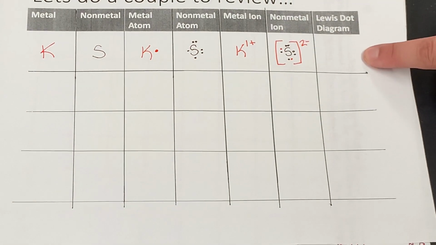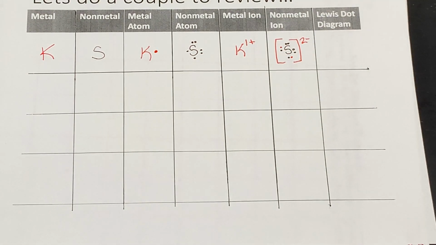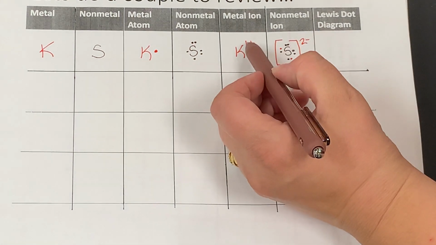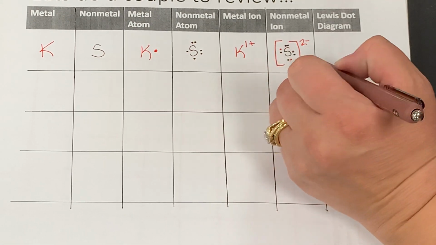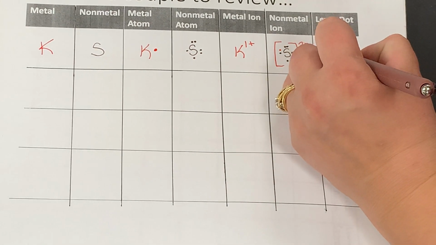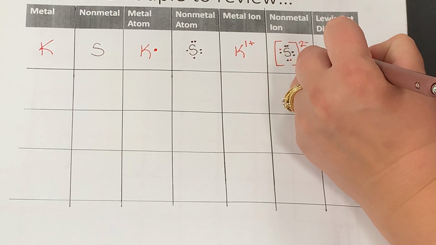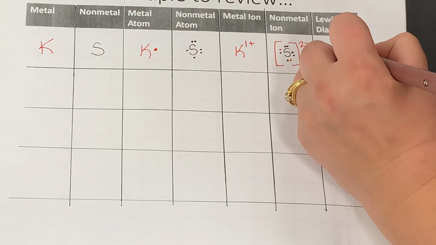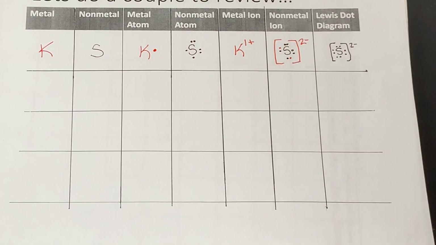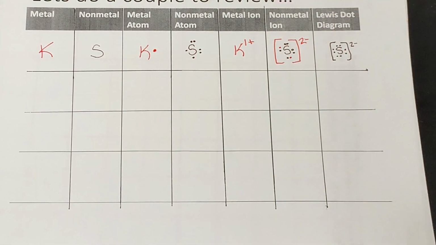And then the Lewis dot diagram for the compound formed between the two, we would draw, remember our crisscross method from yesterday? Potassium had a charge of 1. That means we need 1 sulfur. So I'm going to put my sulfur ion in the middle with its 2 minus charge. And that's the only sulfur ion we need.